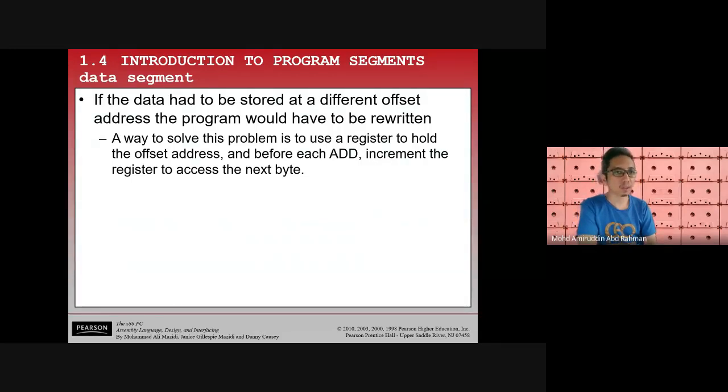Without wanting to rewrite the program, we can use a register to hold that offset address.